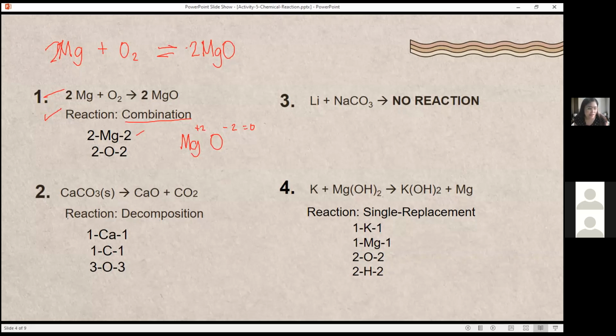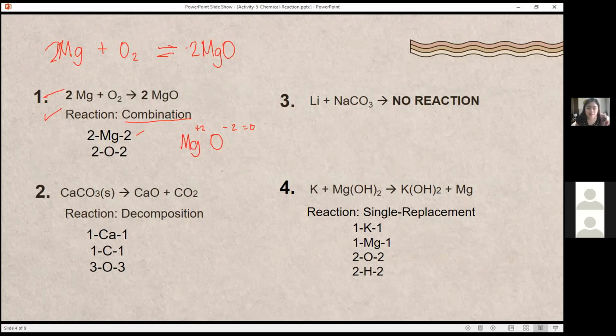Any question? Class, do not forget the naming of chemicals and our chemical formulas. How to write the chemical formula is still included here. The quizzes and the exam, aside from the prediction of products and balancing of equations, may also include naming and, of course, writing the chemical formula.